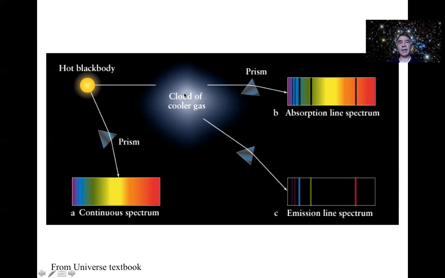The energy from that photon goes into exciting an electron from a lower level up to a higher level in the atom in that cloud of gas. And because the photon has been destroyed, you see a gap at that particular wavelength or frequency, which corresponds to that particular energy difference in the energy levels. Okay, so that's the idea behind forming an absorption line spectrum.